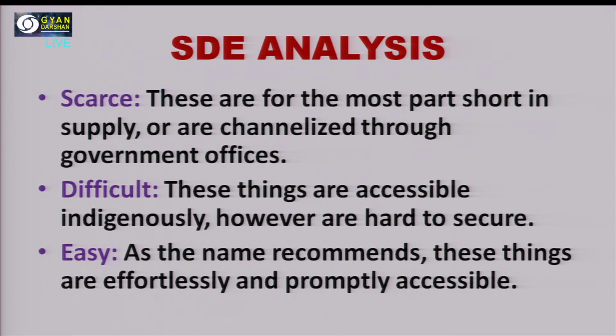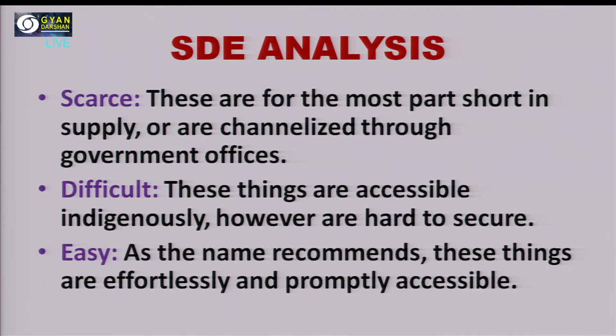Now you can see how, under SDE, we analyze the situation. Scarce means the items are very scarce and very difficult to get. If they are not available, it will take weeks, months or years. For example, in the power sector, flywheels are scarce because there are certain government channels through which we need to give the order.